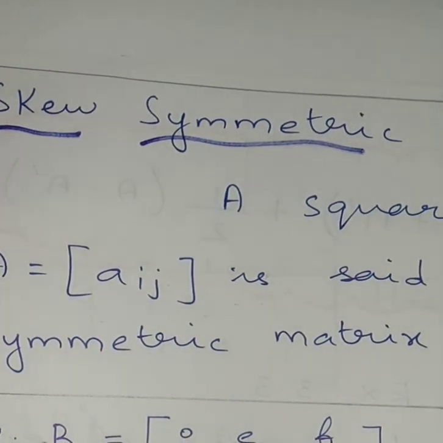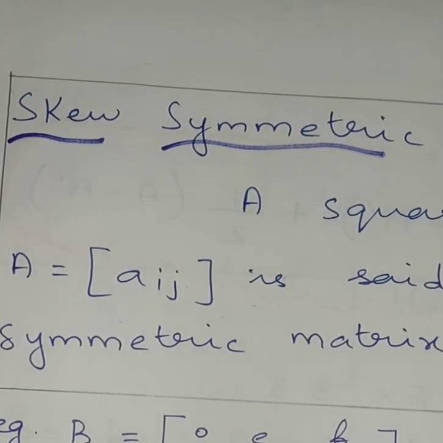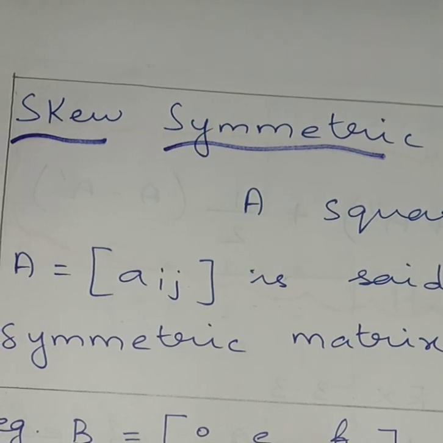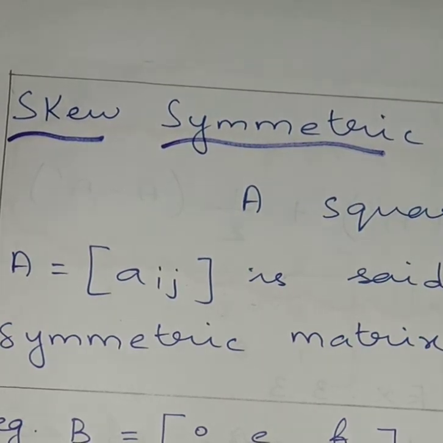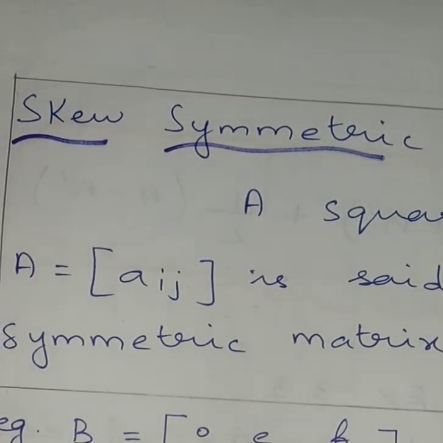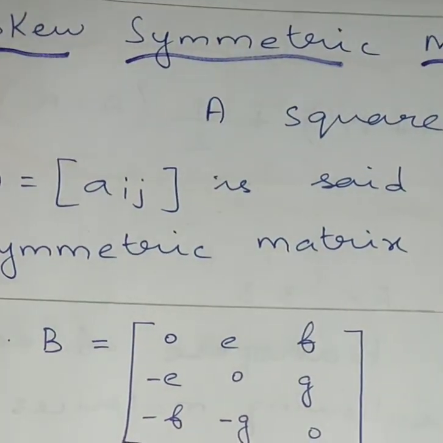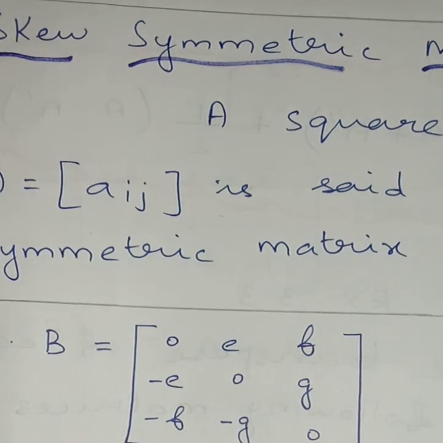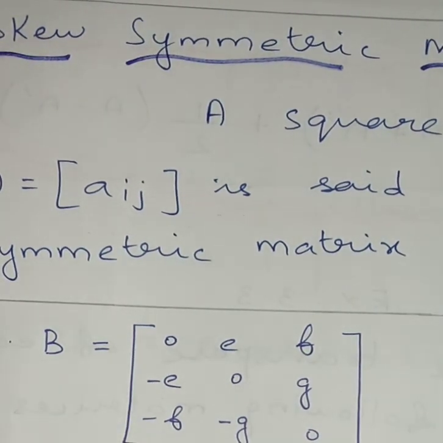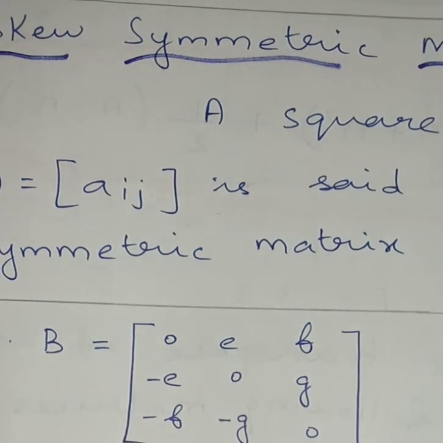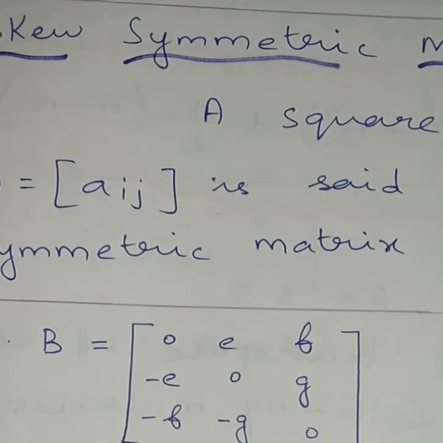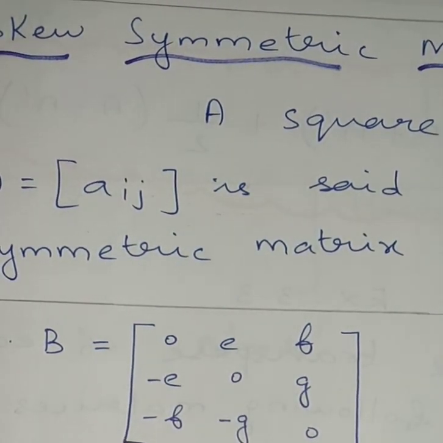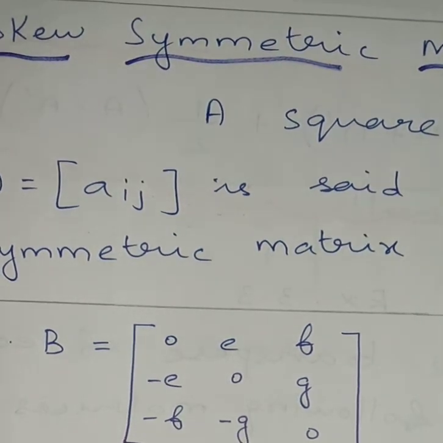So let me take this example. B equal to 0 E F, minus E 0 G, minus F minus G and 0. Can you find B dash for this? The first row will become the first column, second row will become second column, third row will become third column.